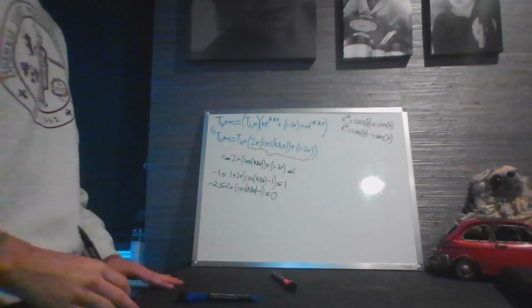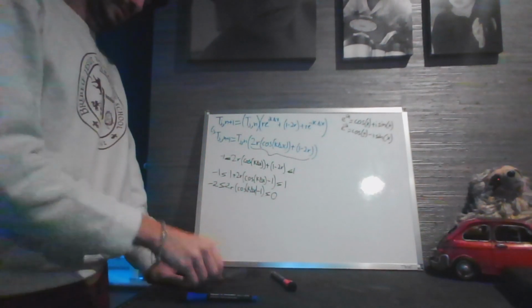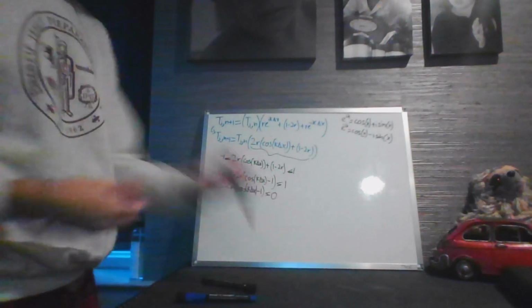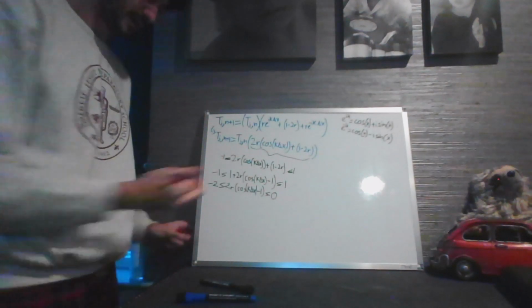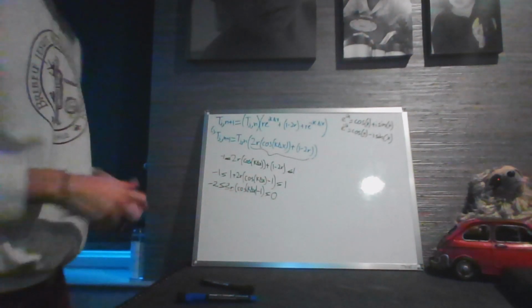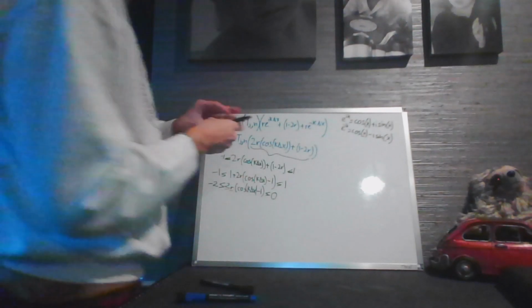Now what we can think about is this middle term here, or actually look at this whole term. Well, we know that 2 is of course a positive constant, right? And we also know what r is. I'm actually going to erase this, we don't need this anymore.